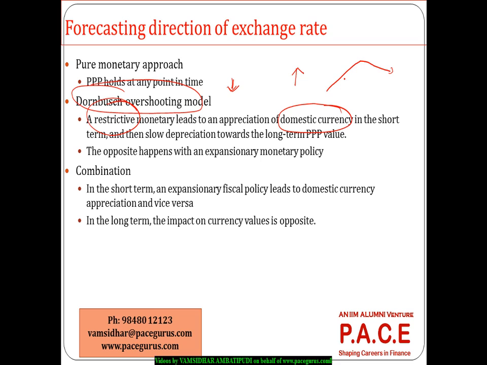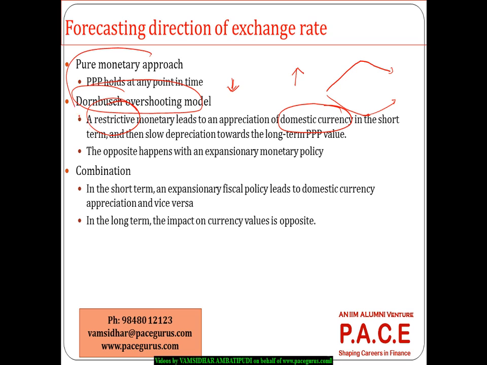Whereas in the case of an expansionary monetary policy, it says that the domestic currency depreciates and slowly it again comes back to the long-term PPP value. So this is what the pure monetary approach is talking about.